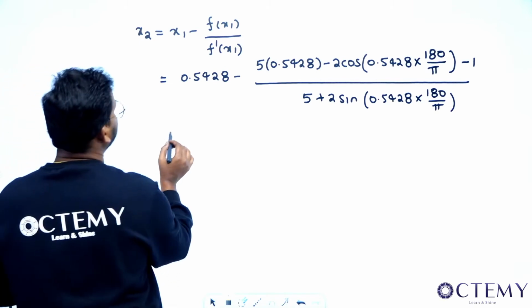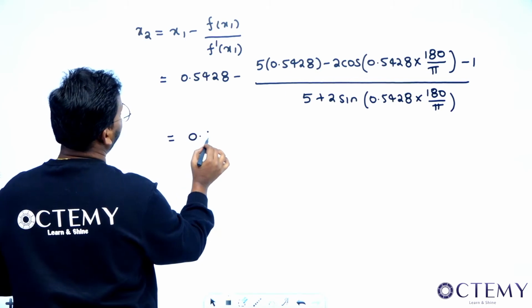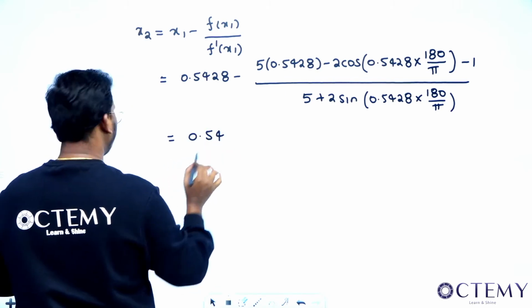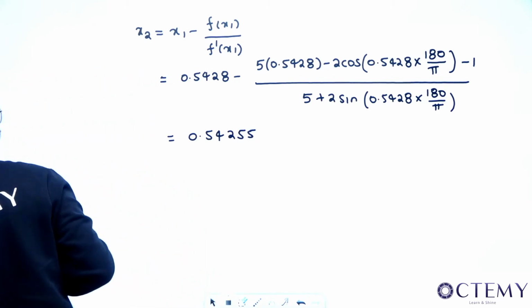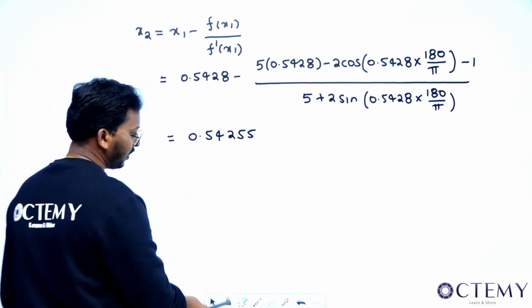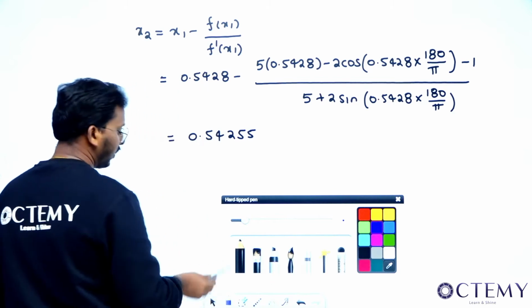This you will read as 0.54255. You are getting an accuracy of 3 decimals, right? So you can say the root is what?